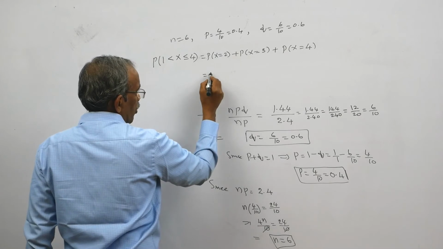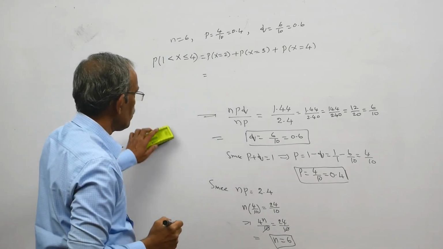We know the formula for p of x equal to k: nck p power k q power n minus k.